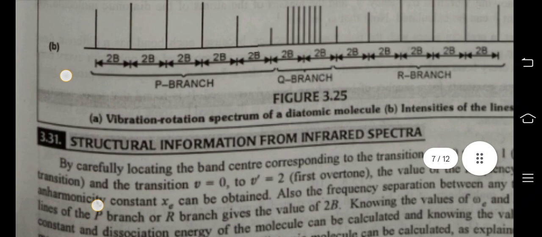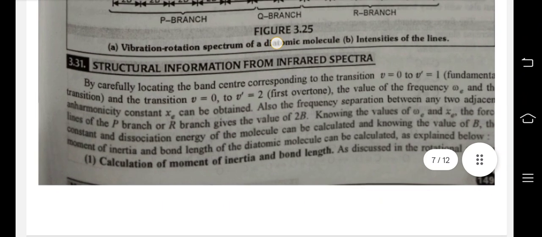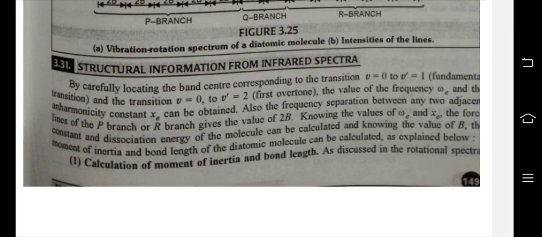Next topic is structural information from IR spectra. By carefully locating the band center corresponding to the transition V = 0 to V' = 1, the fundamental transition, and the transition V = 0 to V' = 2, that is the first overtone, the value of the frequency ω_e and the anharmonicity constant x_e can be obtained.